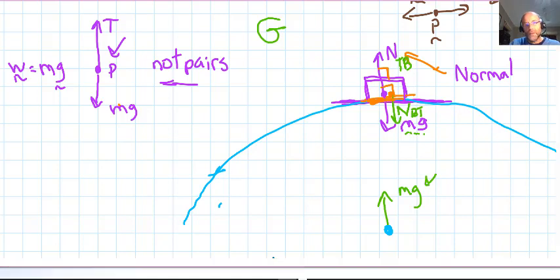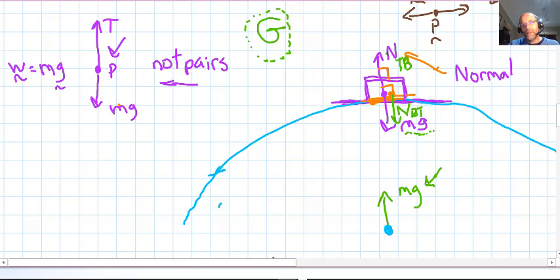Because of the gravitational effect of all things that have mass, all things that have mass have a gravitational force associated with them, and because the Earth has mass, it provides mg there on the book, but there is an equal and opposite one. So the book's gravitational force is acting on the Earth, and that's what that one is there. They're equal and opposite.